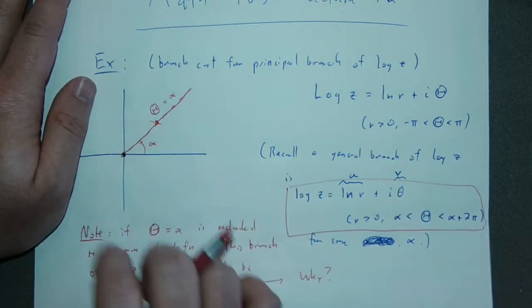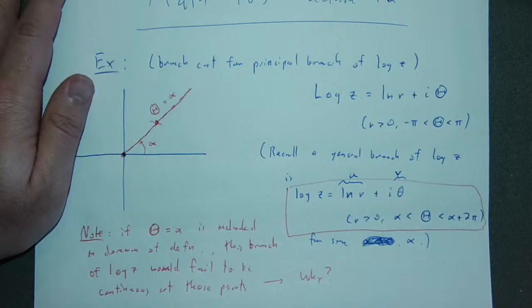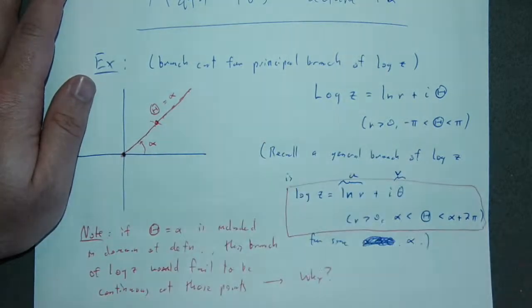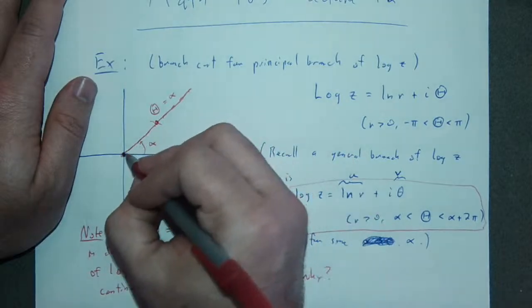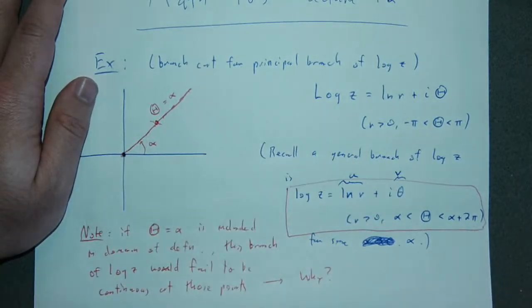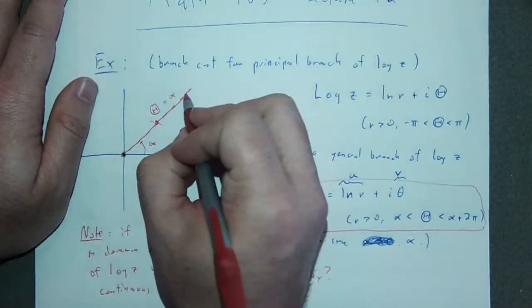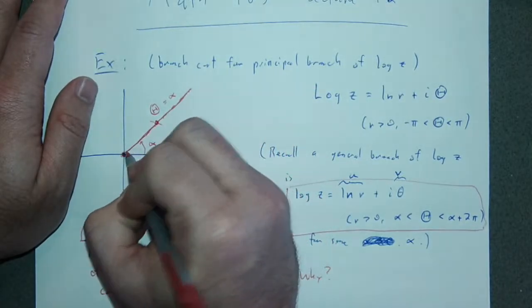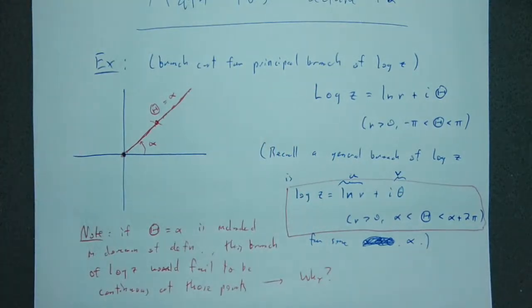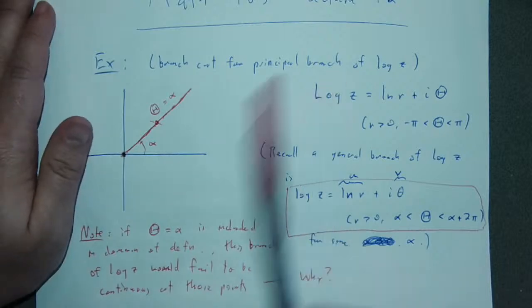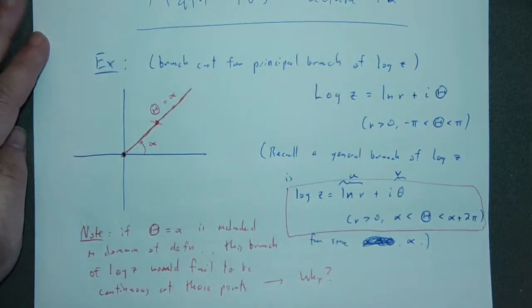There would be a discontinuity, there would be a jump here, okay? And we could get rid of that jump if we just don't include these points, as well as the origins. So the origins are included here, and these points on this ray, that are denoted in red, are not included. That means for the principal branch, where are my points that are not included?